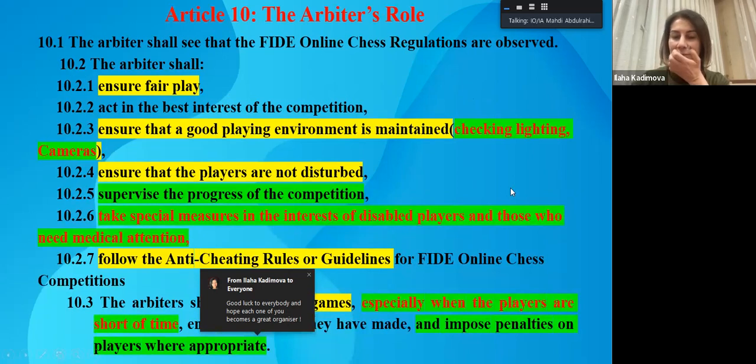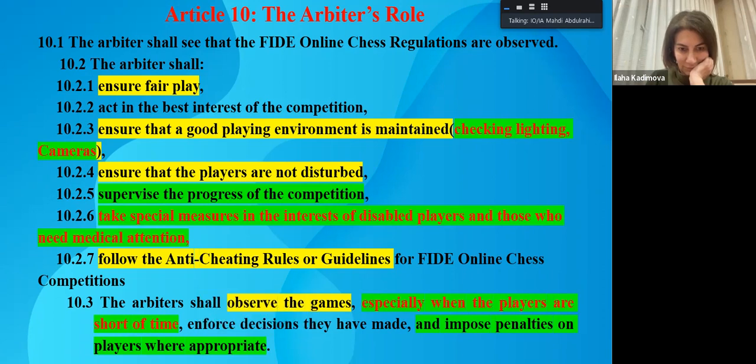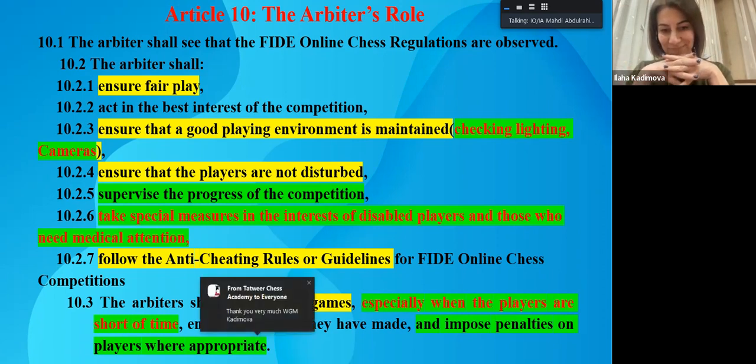The role of the arbiter for online chess and hybrid chess is to ensure fair play, act in the best interest of the competition, and ensure that a good playing environment is maintained, checking the lighting and cameras. If a player is online, sitting close to a window and light coming from outside covers the body or face of the player, so the arbiter cannot see well, that is not allowed.